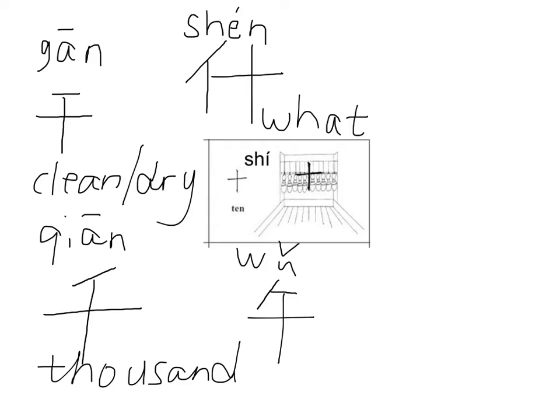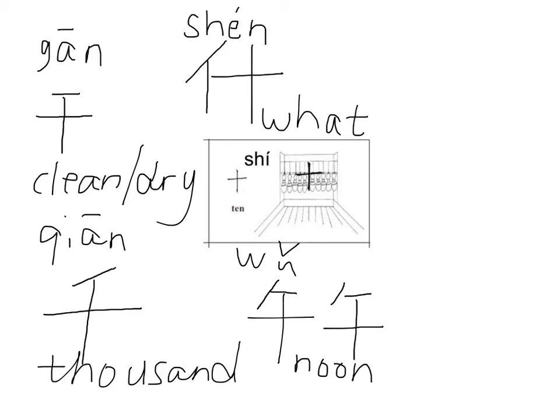So it means noon. But the stroke order is different from what I wrote just now. Just want to explain to you. So actually, when you write this character, you should write this way: 撇, 横, 横, 竖. Yeah, that's the correct way to write it.